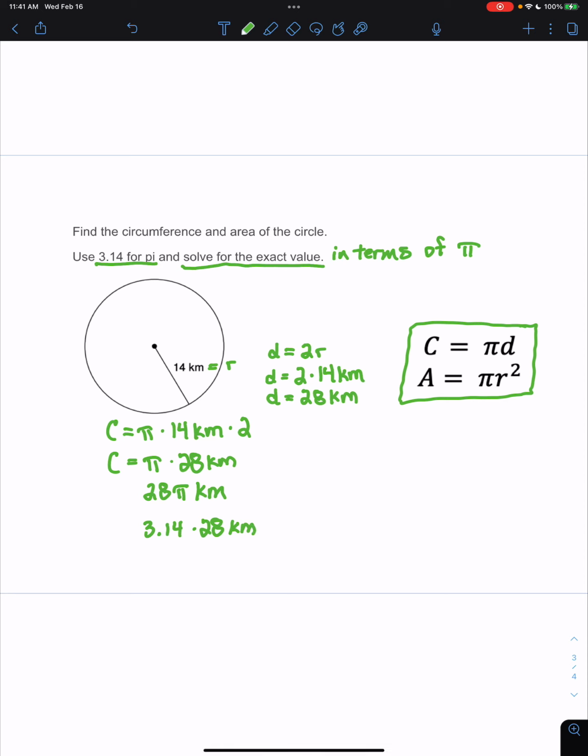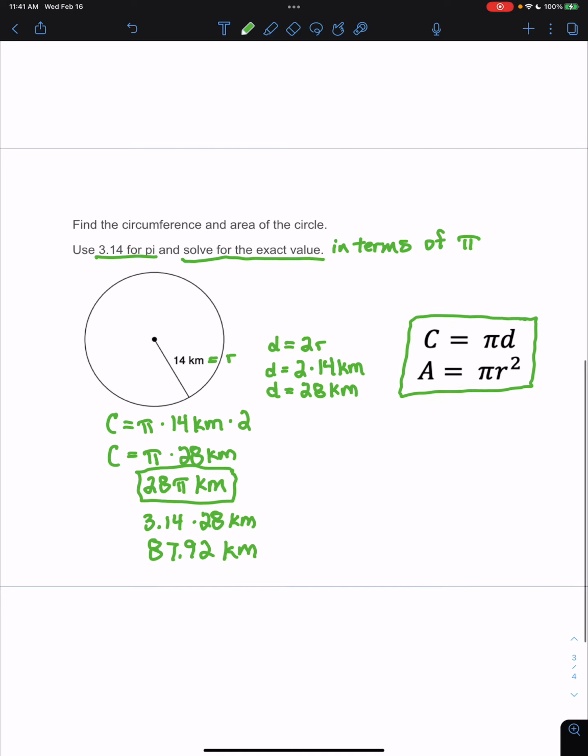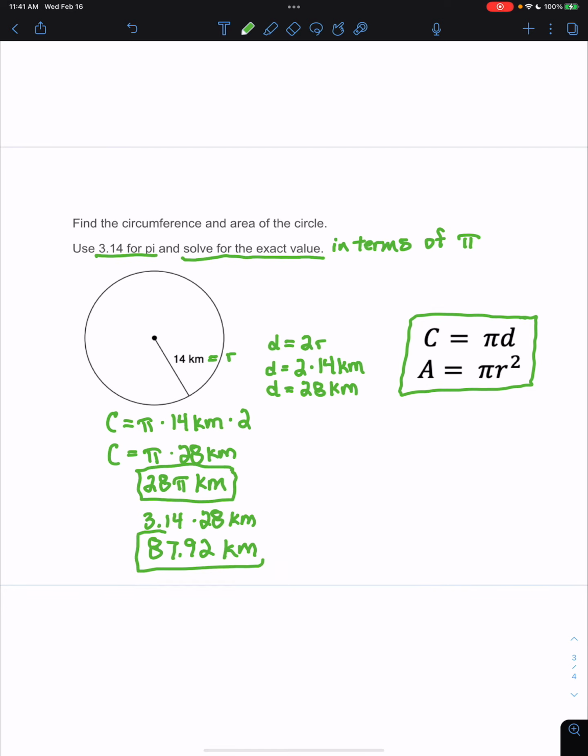And put that into my calculator, and I get a final value of 87.92 kilometers. So I could say, in terms of pi, my exact value is 28 times pi, or 28 pi kilometers, or I could put in my value for 3.14 and say 87.92 kilometers is my circumference. Two different ways.